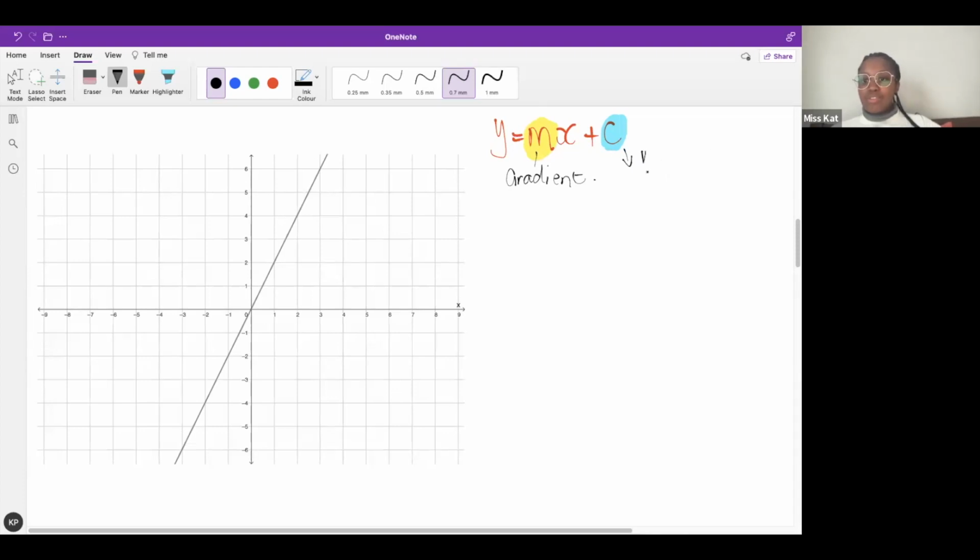Yes, Umpile, you are fabulous. So we can work out c in two ways. The one way is the y-intercept. And the second way, thank you, Tsebang, is through substitution. Sometimes a graph doesn't show the intercept, so then you would have to substitute points and find it.